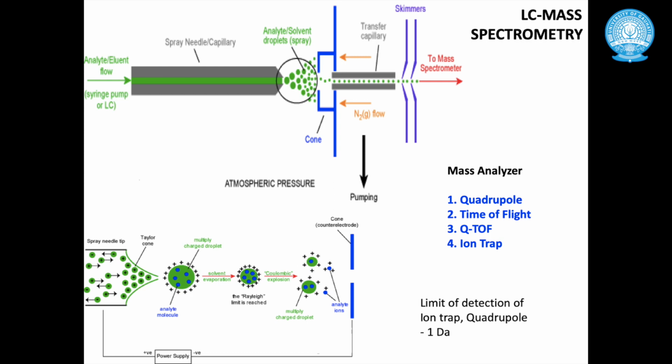A precursor ion of this cyanidin 3 glucoside, which we have already partially characterized using HPLC or UV visible spectrophotometry, is now seen here.